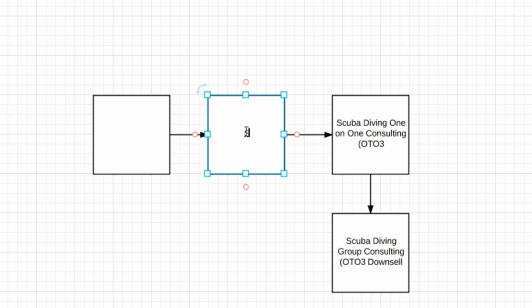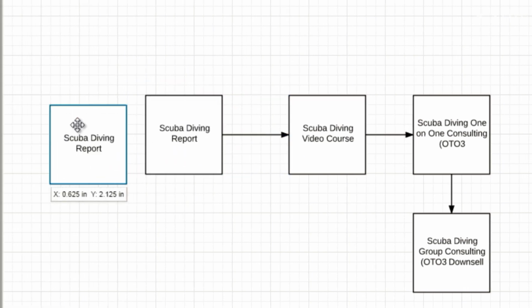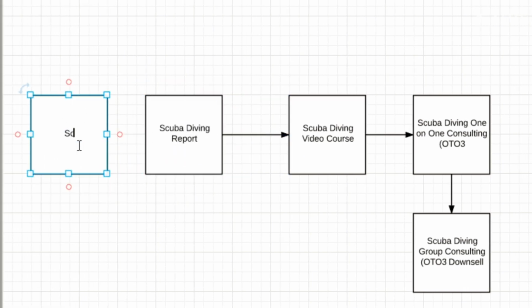So that could be a scuba diving course. We'll say video course. And then if we take a snippet of the course over here, this could be a scuba diving report. And then we can move back again over here. And this could be something like a scuba diving checklist, like a diagnostic test or something.